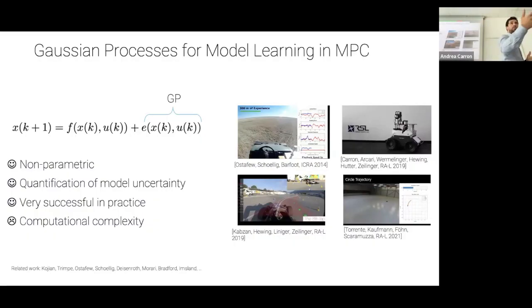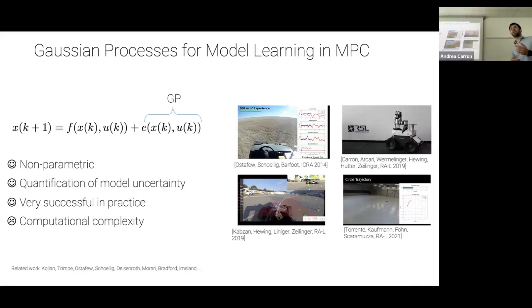Of course, also if you use Bayesian regression, we have uncertainty quantification. But compared to using, for example, a neural network, this is an advantage. And it has been shown to work in practice, even though there is one big bottleneck: the computational complexity of evaluating or updating a GP is very high, scaling cubically with the number of measurements.